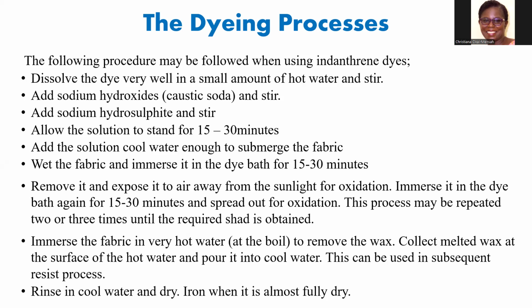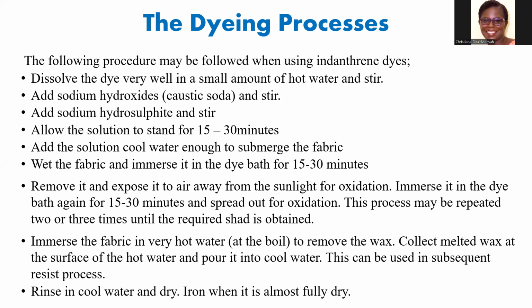So as soon as you put the dye inside, you stir. Then you add your caustic soda. So when you put in 1 tablespoon of VAT dye, you stir it. Then that goes with 2 tablespoonfuls of caustic soda. Then you stir when you are dyeing 1 yard. Then you add your sodium hydrosulfide.